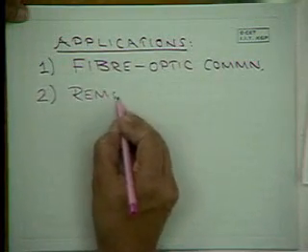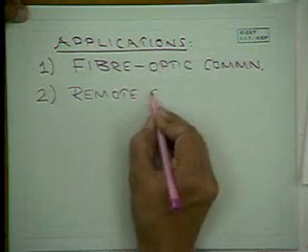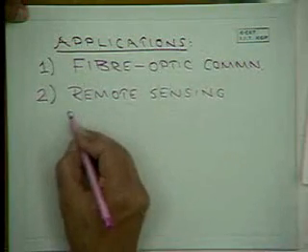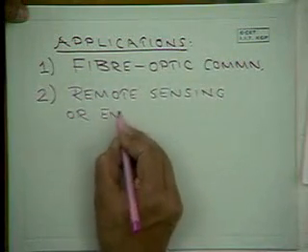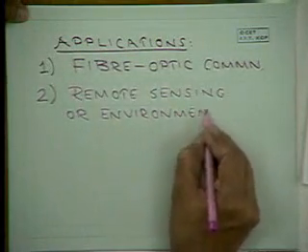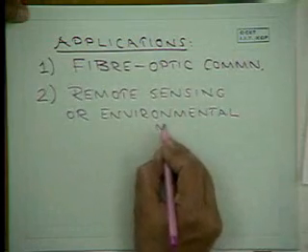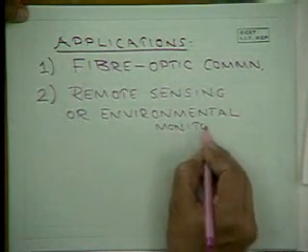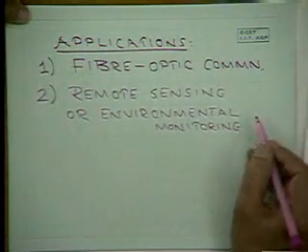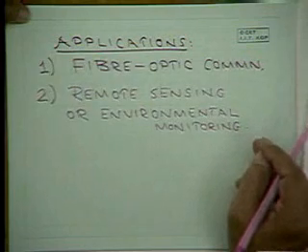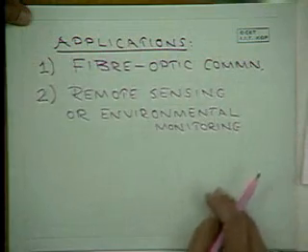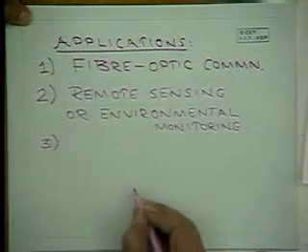Another class of applications are for remote sensing, which also includes environmental monitoring. Optical techniques are very well suited for detection of pollution, for detection of remote objects, for imaging, and hence this is a very important and fast developing area.